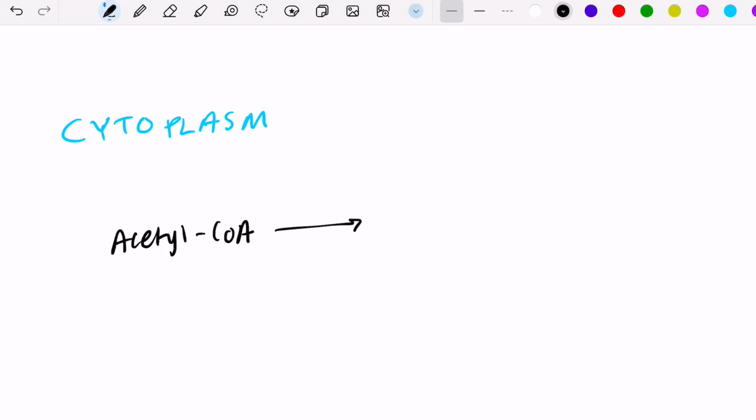All right, so now we have the acetyl-CoA in the cytoplasm ready to use. But one thing to understand is that acetyl-CoA is not a very active molecule when it comes to fatty acid synthesis. You don't just put it out in the cytoplasm and it turns into a big fat. You have to have some other things occurring to get it to that state. The most important activating step is the conversion of acetyl-CoA to malonyl-CoA.